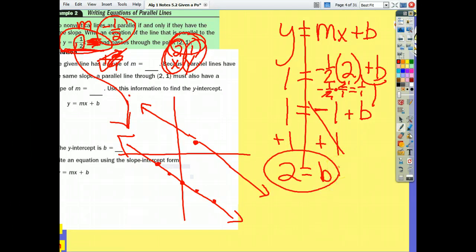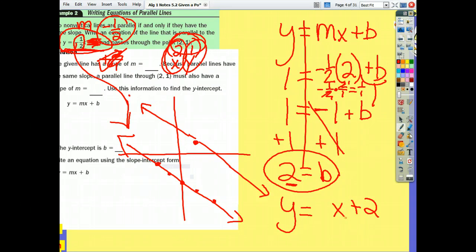What's my second part? Y equals, what's my slope? We solve for the y-intercept. We got the b. We know it's going to be plus 2 at the end here. But what's my slope? What goes with x? -1/2.